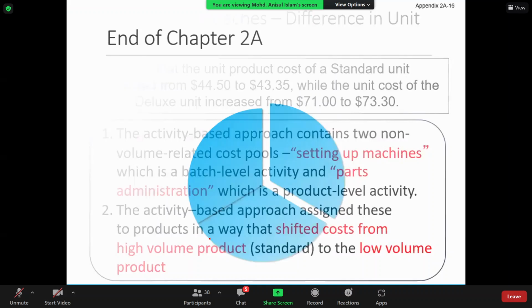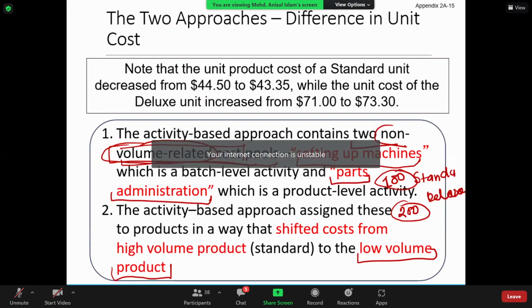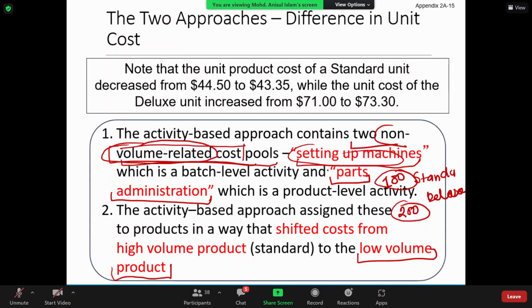These are not connected to the volume. These are not connected to the units of products you are producing. One activity is a batch level activity, that is setting up the machine, and another is part administration. That is the nature of the activities, and we are recognizing the differences of activities.